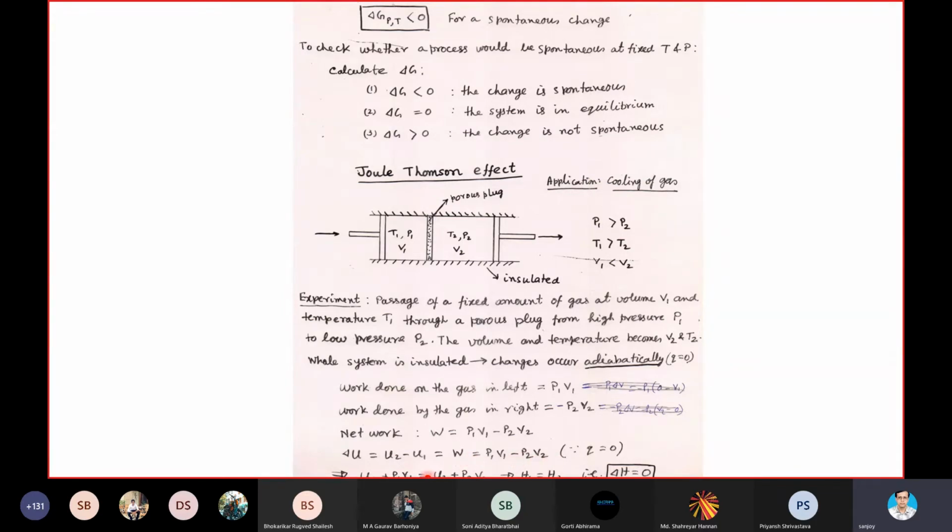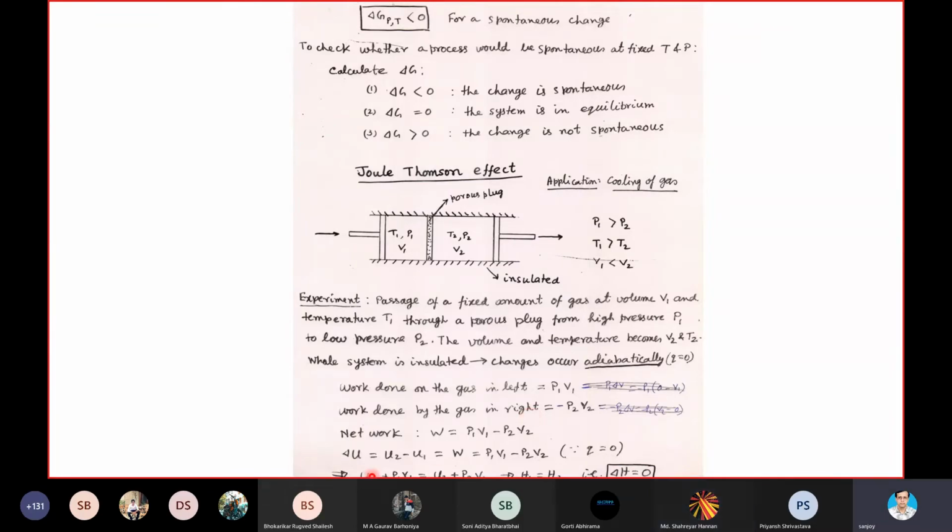This line is not very clear, but what I did here is simply take U1 on this side, so U1 plus P1 V1 equals U2 plus P2 V2. Clear? So what does U1 plus P1 V1 mean? U plus PV is basically the enthalpy.